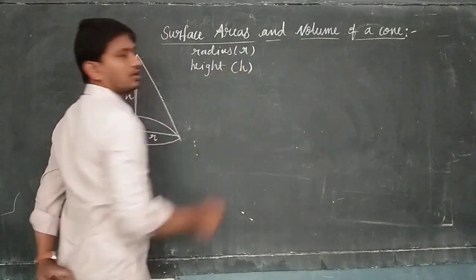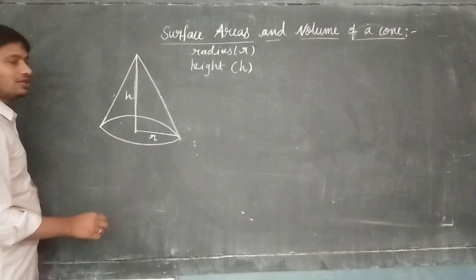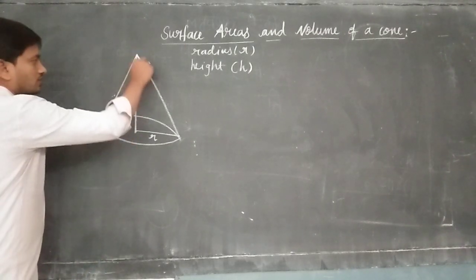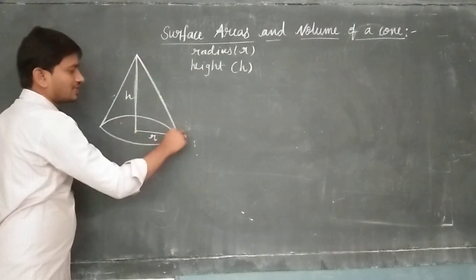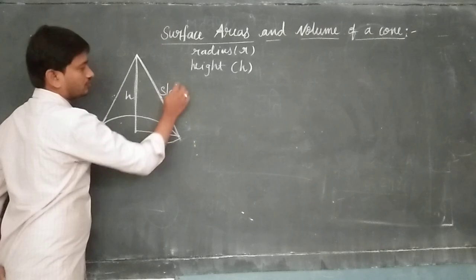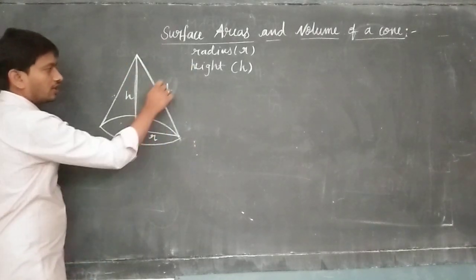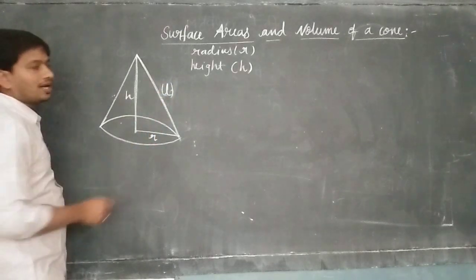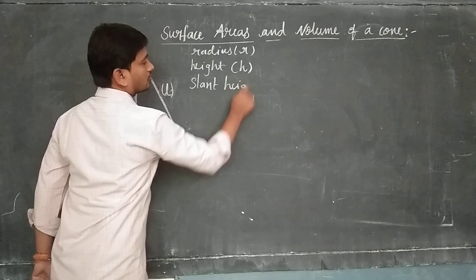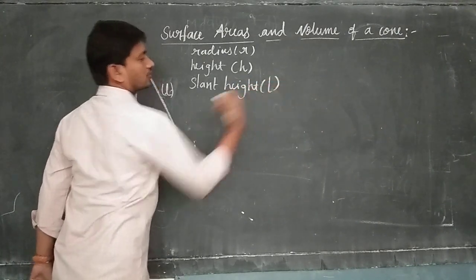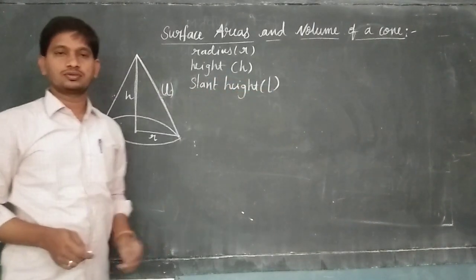And it also has another dimension called slant height, represented by the letter L. These are the dimensions of a cone.